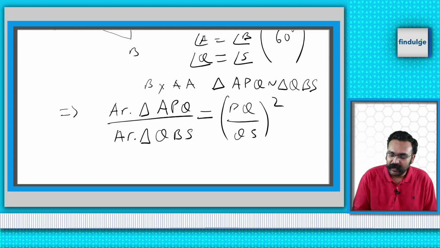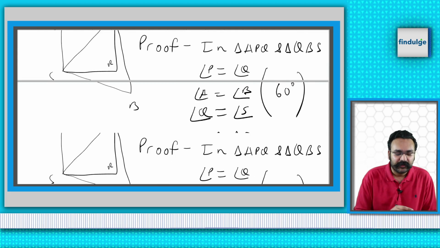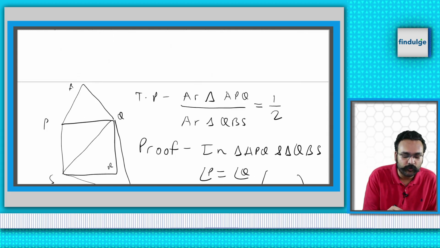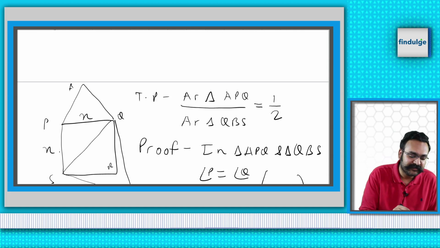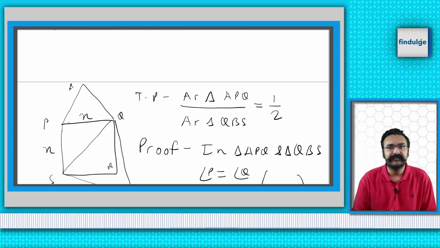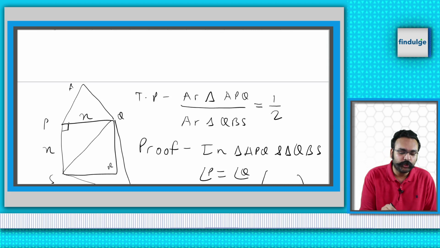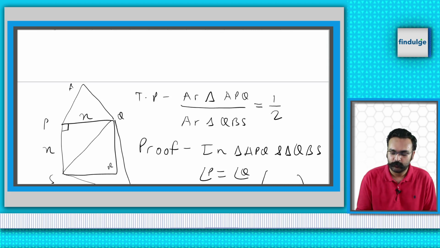Now if we actually come to the square itself, if I assume PQ is X, that means PS is also X because it's a square. If it's a square, this is 90 degrees. So I can get QS in terms of PQ.